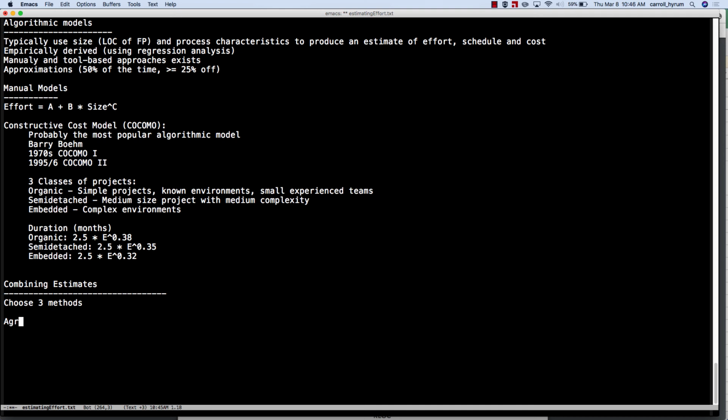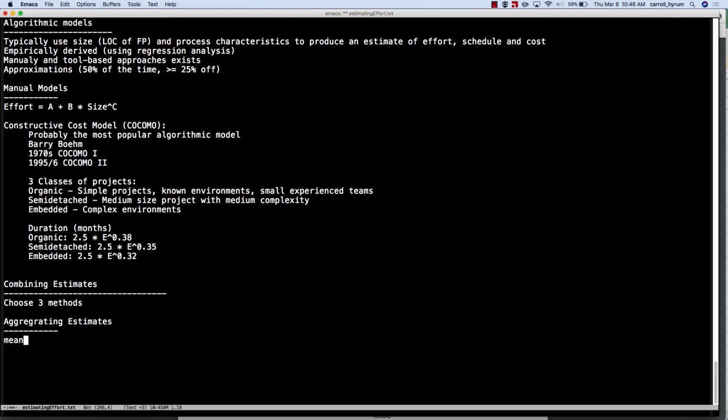And then lastly here, let's talk about aggregating estimates. So you got some options. You could pick your favorite. I mentioned that because that's done in practice sometimes, so we should acknowledge that.